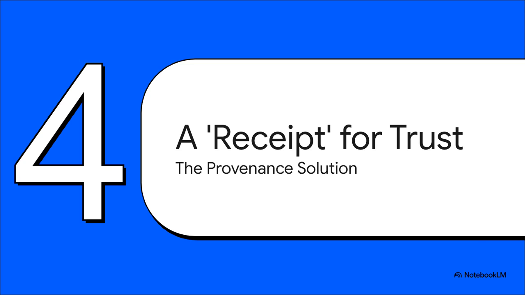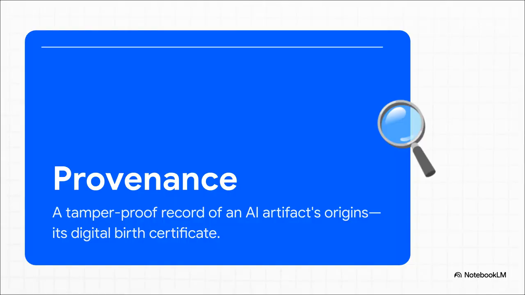So, with all these new risks that are so hard to track, how in the world do we build trust in an AI model? Well, the solution centers on a concept called provenance. Provenance is basically a secure, verifiable receipt for your AI. Think of it as a digital birth certificate. It's this tamper-proof record that tells you the complete story of a model: what data it was trained on, what code was used, who made it, and exactly how they made it.